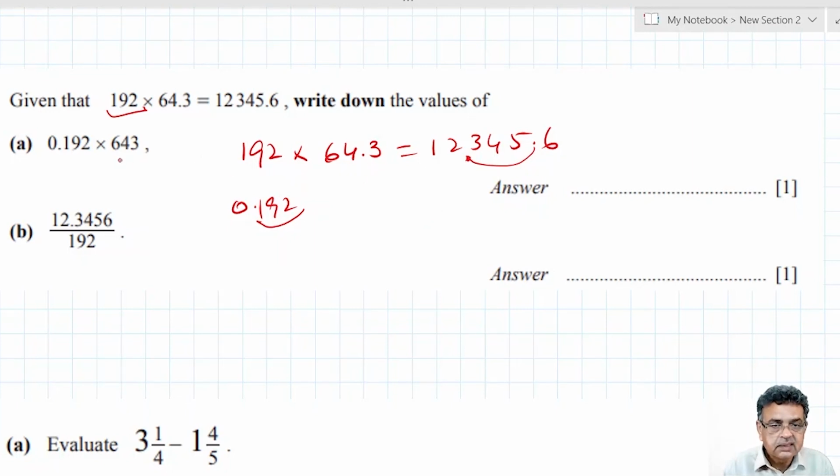Now this is 643, which is larger than 64.3 by 1 decimal place. So we shift the decimal once again by 1 decimal place. So the answer will be 123.456. We don't need to separately multiply these numbers. We just have to adjust the number of decimal places from here.